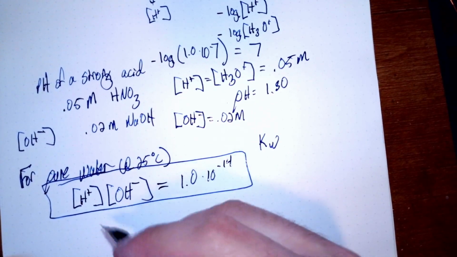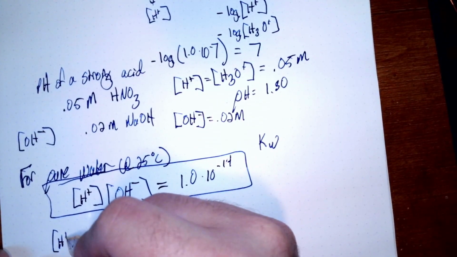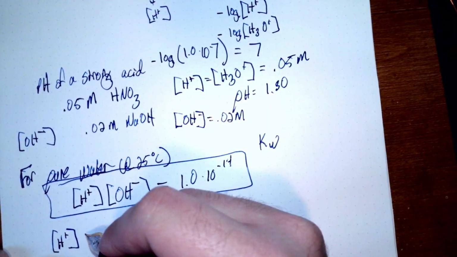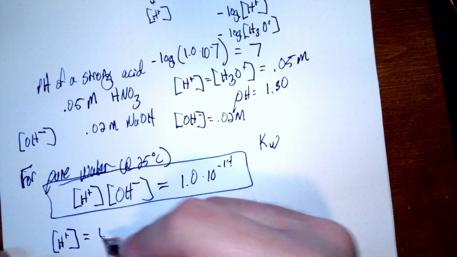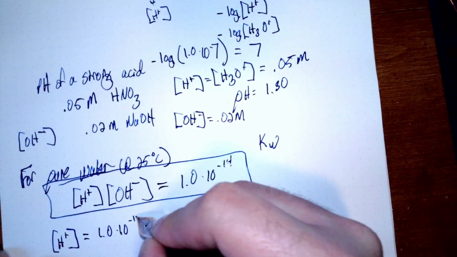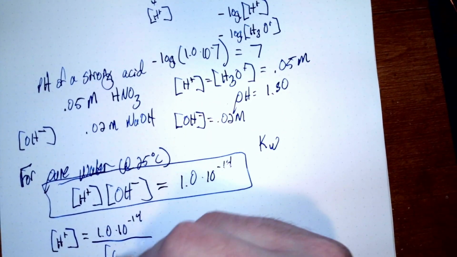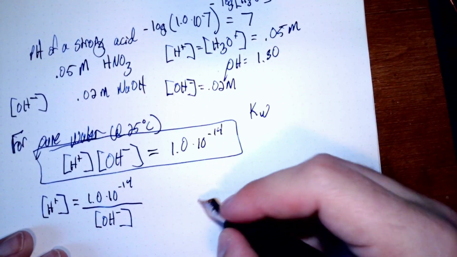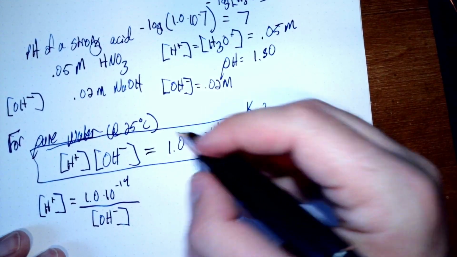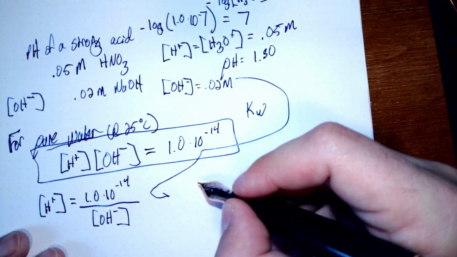Now, this relationship is always going to be true for any solution at this temperature. So, if we know an OH minus concentration, we can say our H plus concentration is going to be equal to 1.0 times 10 to the minus 14 divided by our OH minus concentration. Going back to this, we know that this is 0.02.